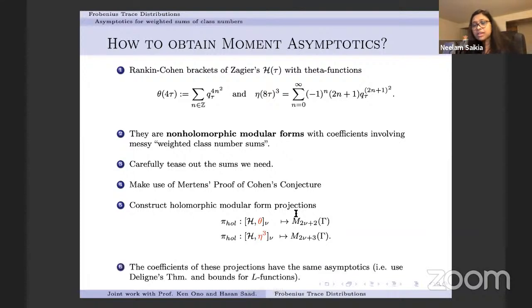Then finally we apply Deligne's theorem, which bounds the coefficients of modular forms. Once we have the bounds, we obtain our asymptotic formulas for these moments.